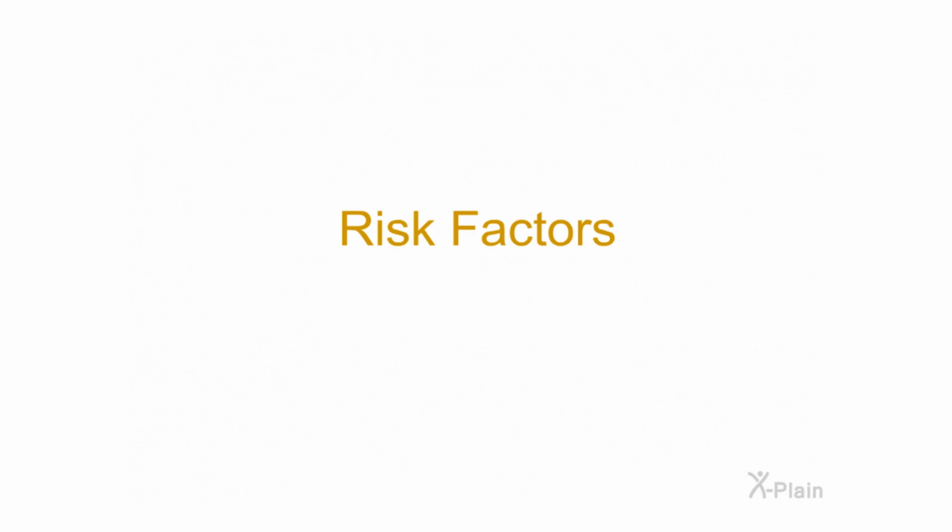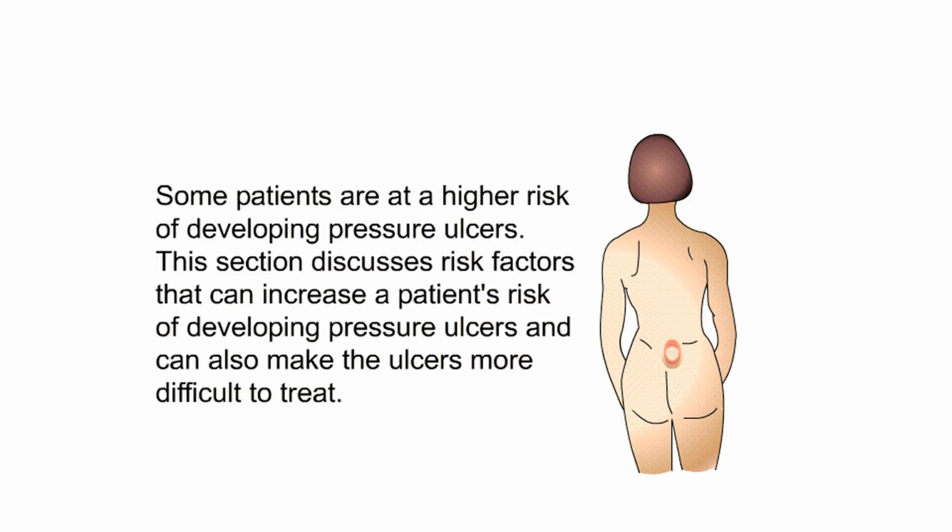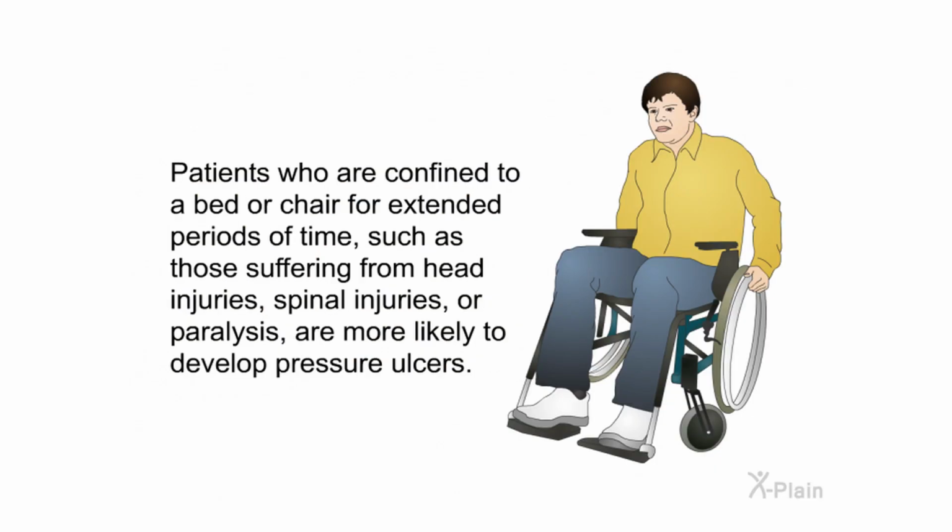Risk factors. Some patients are at a higher risk of developing pressure ulcers. This section discusses risk factors that can increase a patient's risk of developing pressure ulcers and can also make the ulcers more difficult to treat. Patients who are confined to a bed or chair for extended periods of time, such as those suffering from head injuries, spinal injuries, or paralysis, are more likely to develop pressure ulcers.